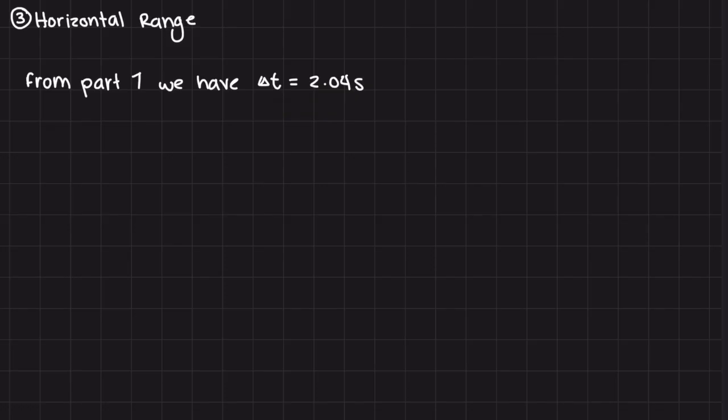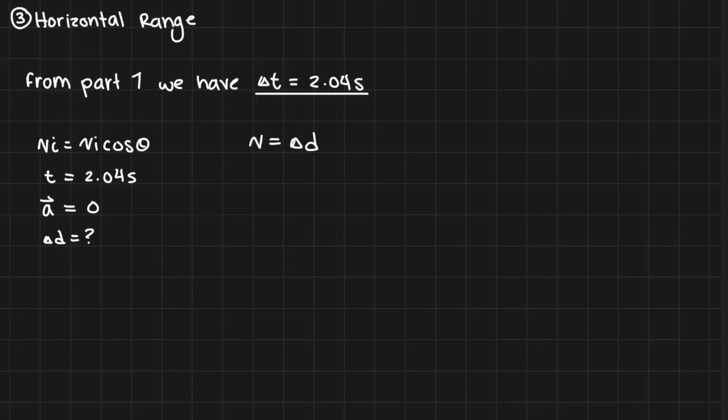Now let's go to the final part of our problem, which is finding the horizontal range. This is the amount of distance that the particle has traveled horizontally. We know from part 1 that the time is equal to 2.04 seconds, which we already covered is the same vertically as it is horizontally. So let's write out our given information. We have our initial velocity, we have our time, and we also know that acceleration is 0 in the horizontal direction.